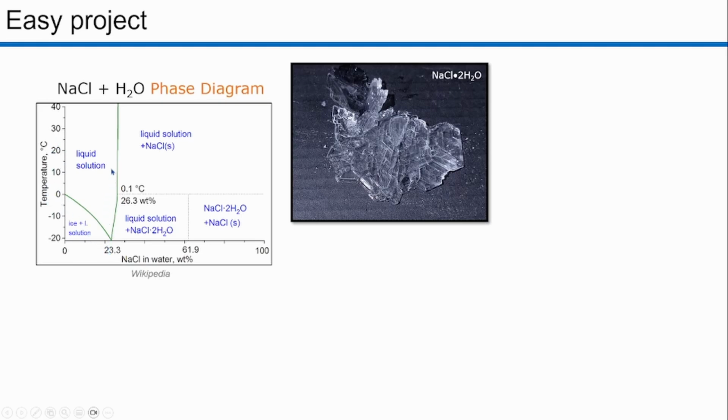You can see that from this area over here, things will be in the liquid phase. So if you just start with a liquid solution with sodium chloride in it above this concentration, let's say like here, and just cool it down below the freezing point, you get a liquid solution and the crystalloylite, which is this thing.